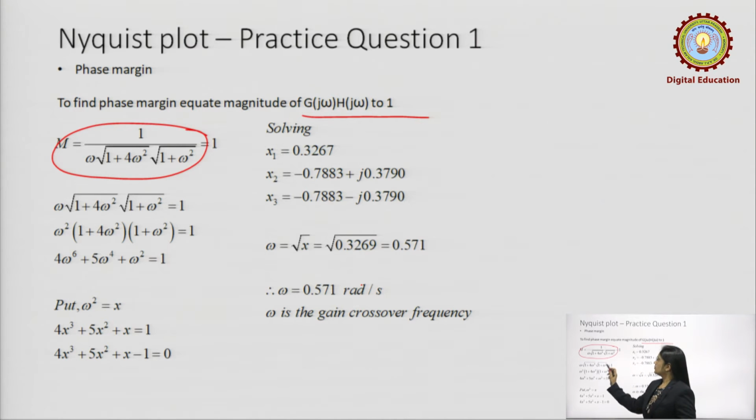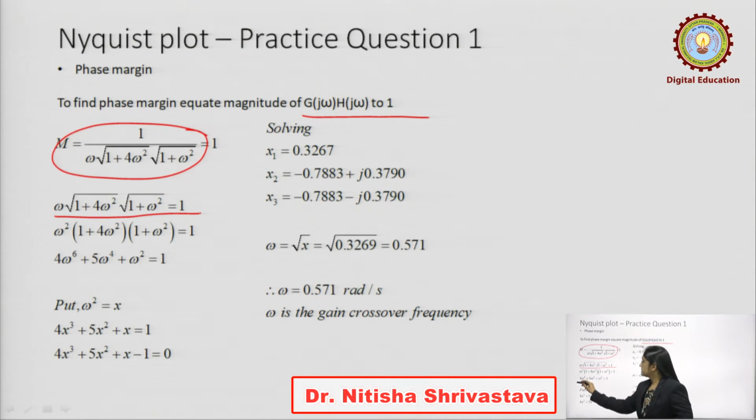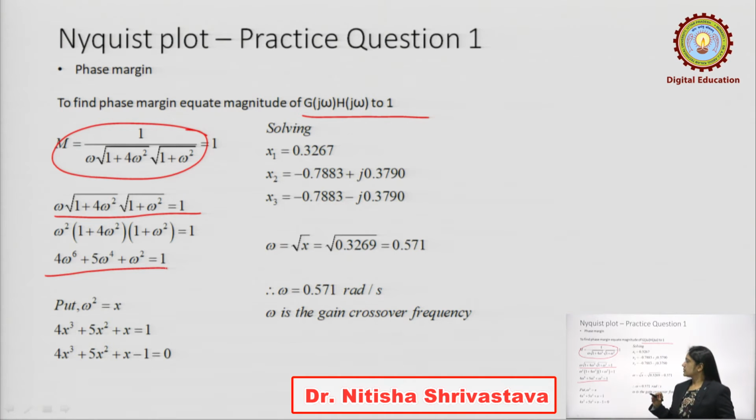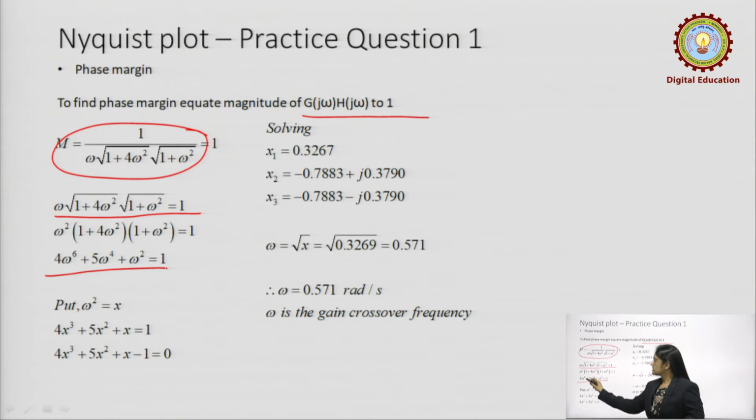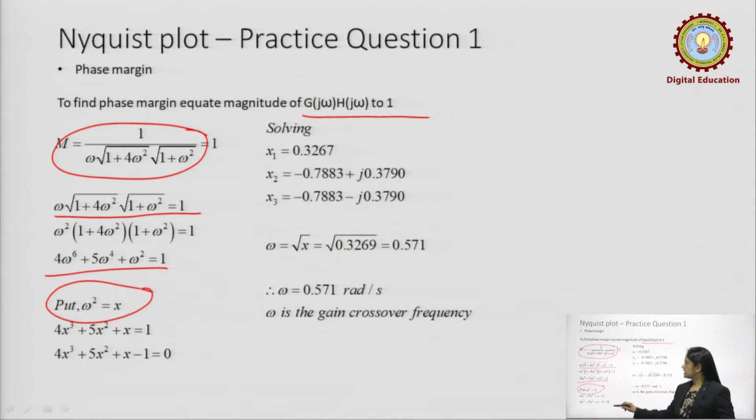Equating this value to 1, we get 4 omega raised to 6 plus 5 omega raised to 4 plus omega square is equal to 1. So, this is a 6th order equation. Simplifying it, we use omega square as x and solve.